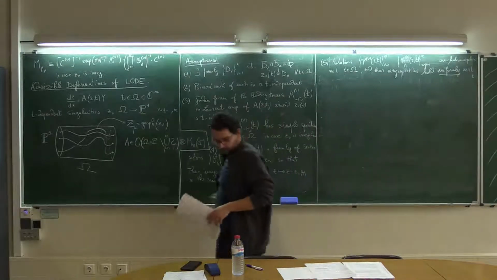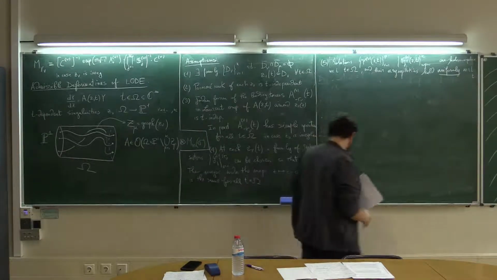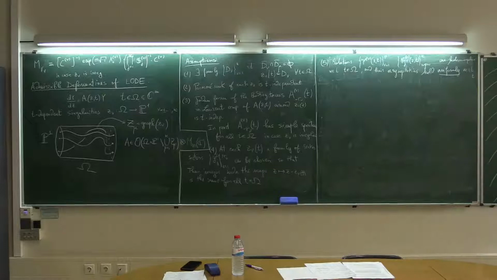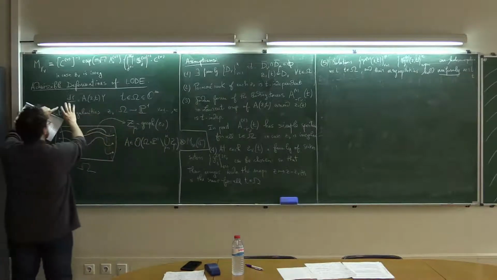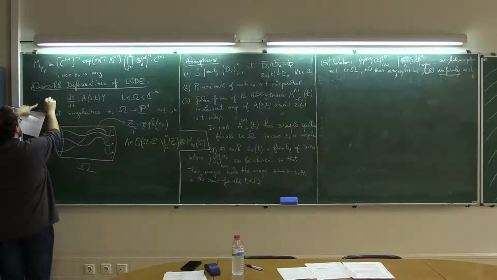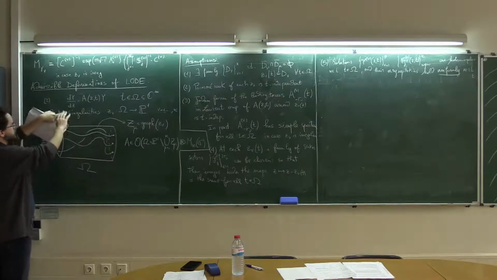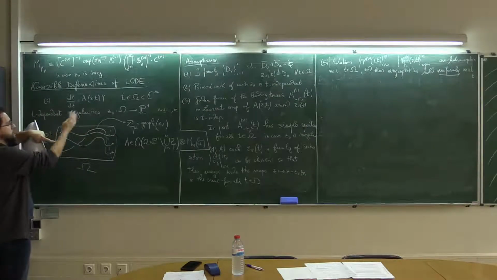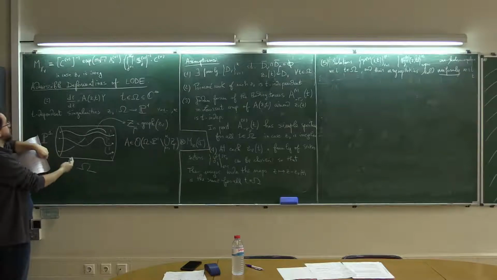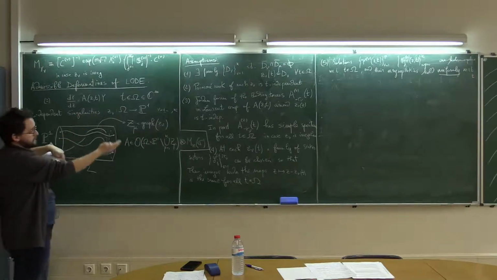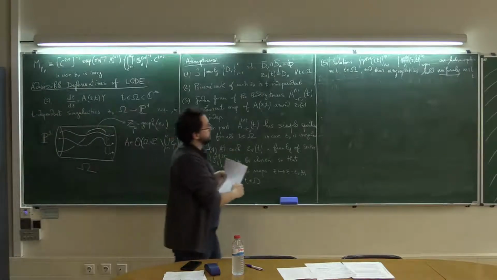So I wanted just to write down the formal definition of what an admissible deformation is. So the precise definition: a family of equations of this kind can be interpreted as a deformation of a fixed equation, and we will say that the deformation is admissible if it satisfies these 5 requirements.